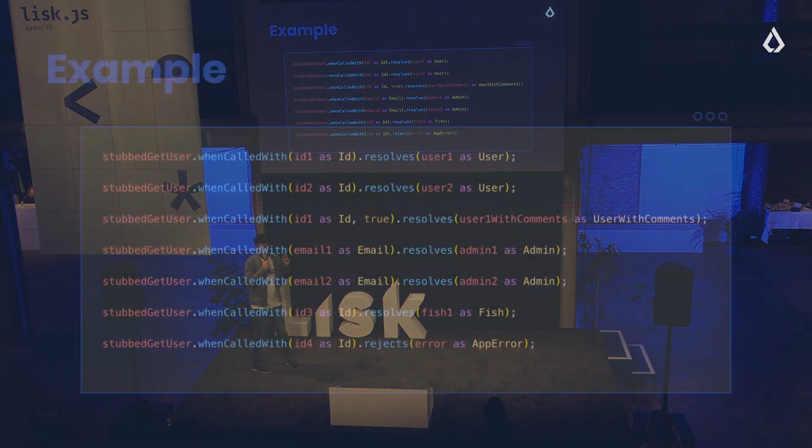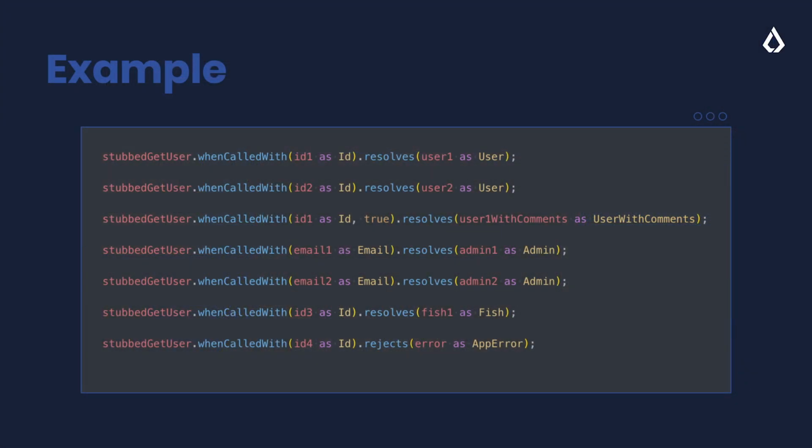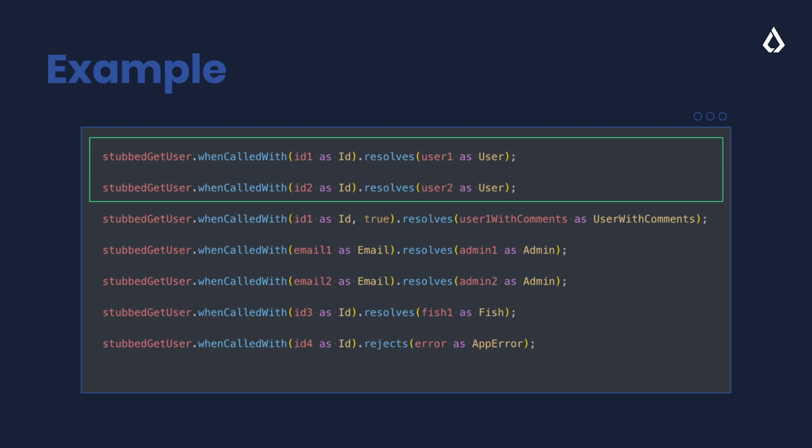Here you see 7 different stubs. I hope it's readable. The first 2 calls are some fake I/O connectors that are used in my unit tests. For instance, I have a getUser function. It fetches a user from the database. And here I stubbed it. In the first example, I provide an ID type value.